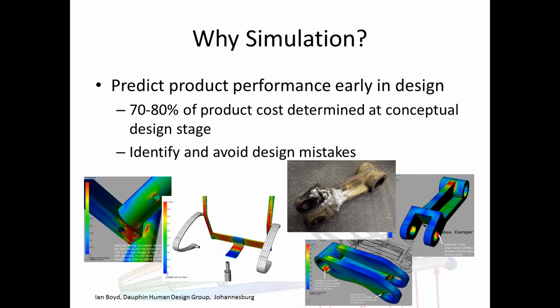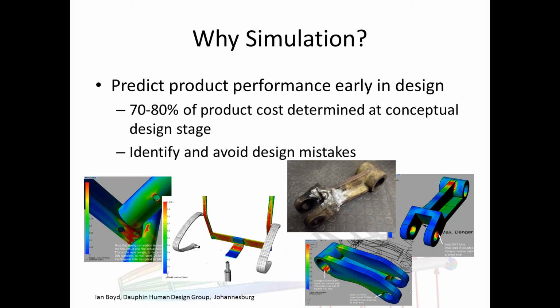So here are some examples from early in Scan&Solve development. These are examples from Ian Boyd, who worked for a chair design company. The example on the right is a failure, actually, of a piece of equipment in their facility. He was able to use Scan&Solve to design a replacement component using different materials, but functionally equivalent.